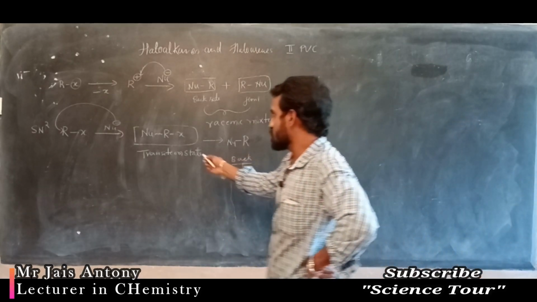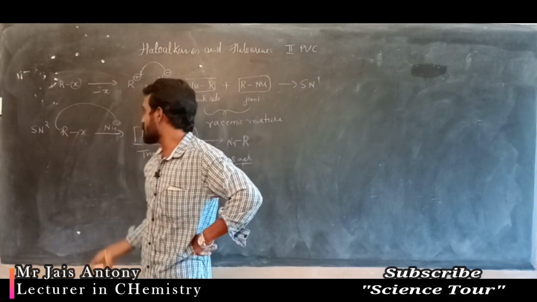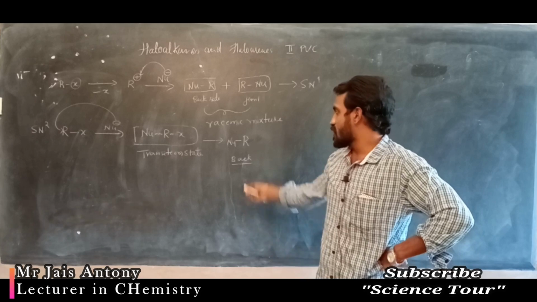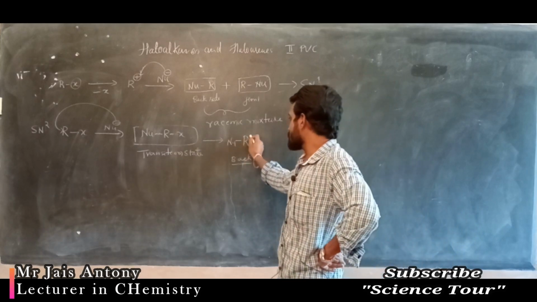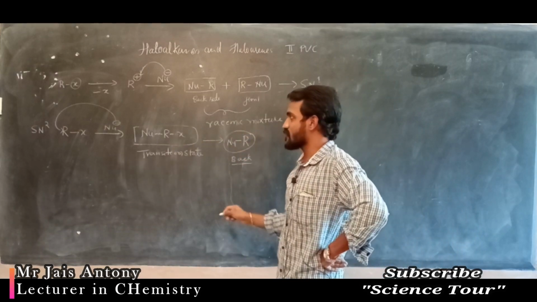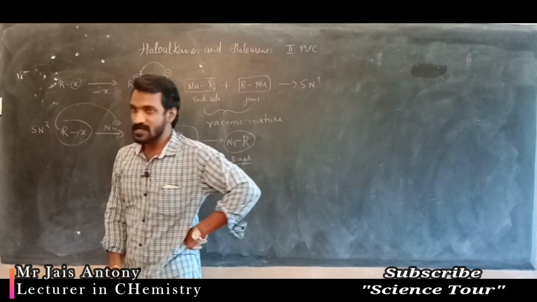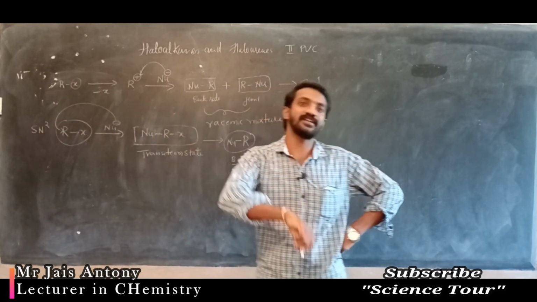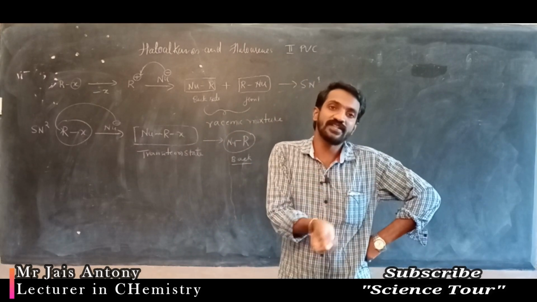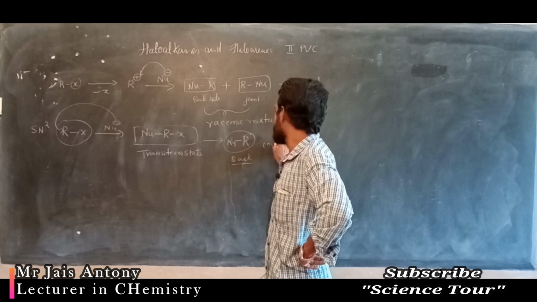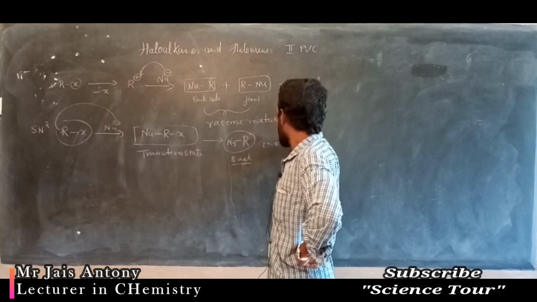But in this case, it attacks from the back side and forms an intermediate state, which is a transition state, and in this product you can see inversion of configuration. The compound configuration gets inverted. Understood? So this is inversion configuration, the inversion product.